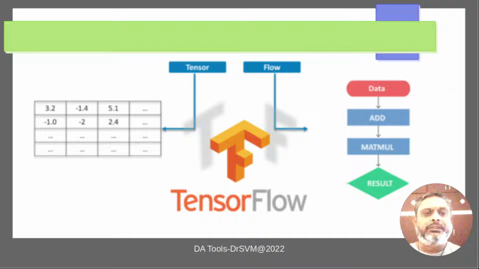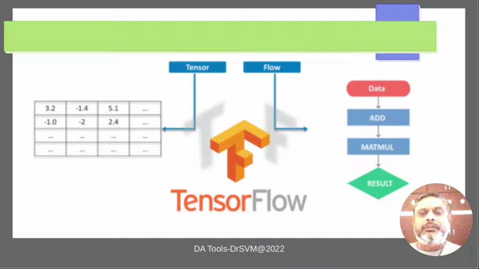A two dimension tensor is a matrix, and that way an n dimensional tensor is data with n attributes. That's the first part of TensorFlow, tensor.